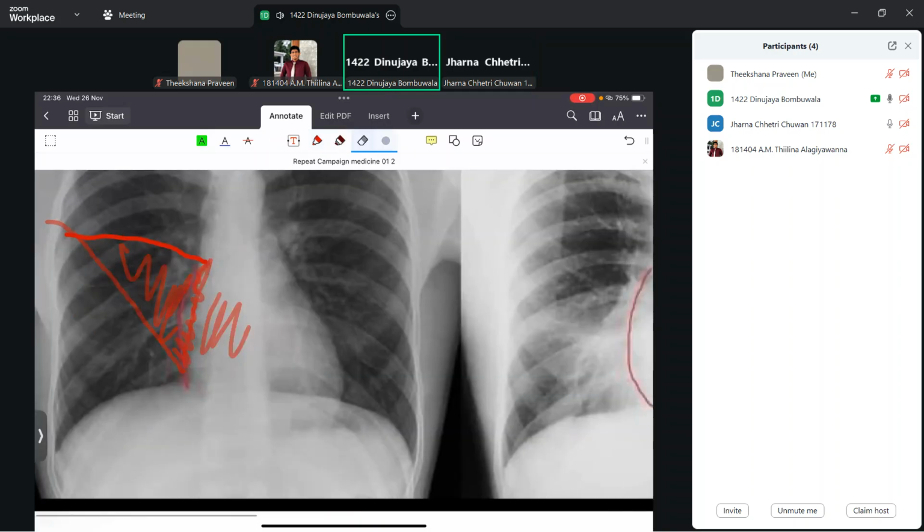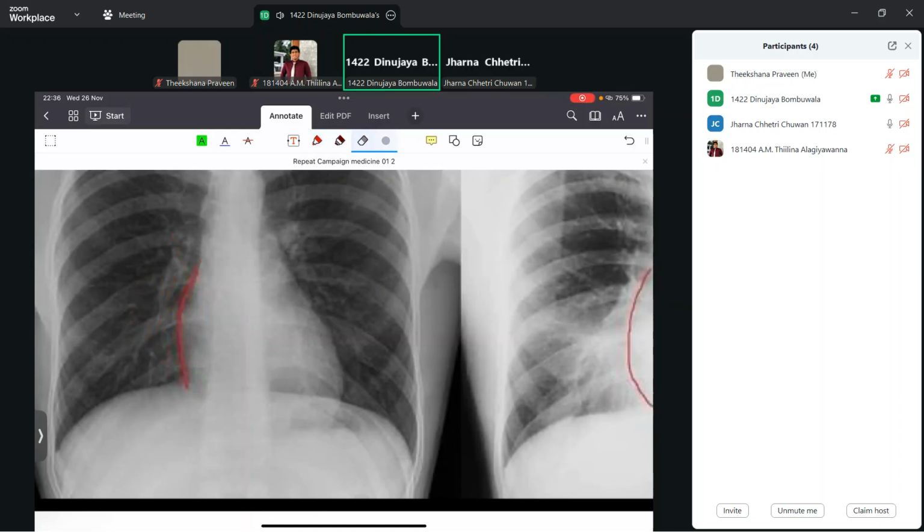Silhouette occurs when there is lack of definition between two surfaces, two areas which have two different consistencies. What I told before: if this region becomes white, the border between the lung and the heart will not be much apparent.